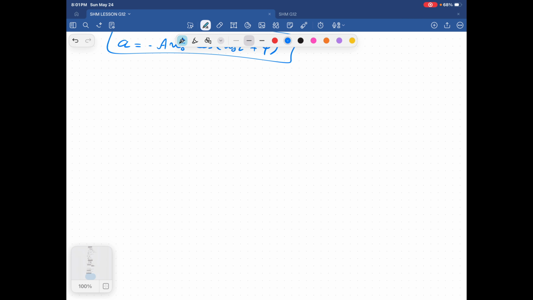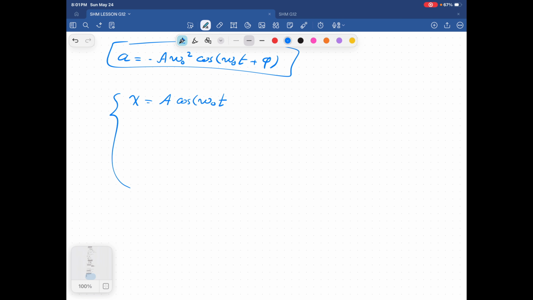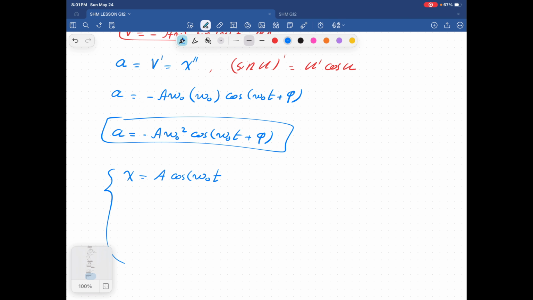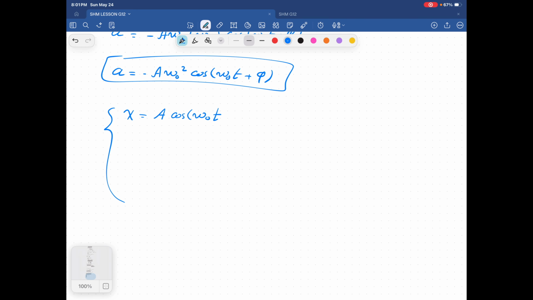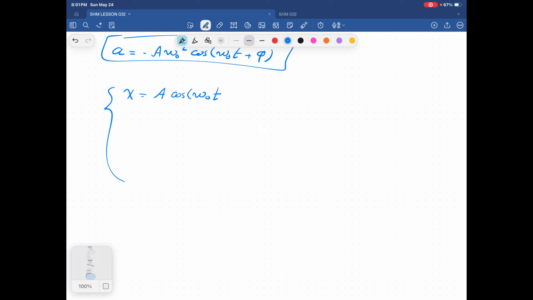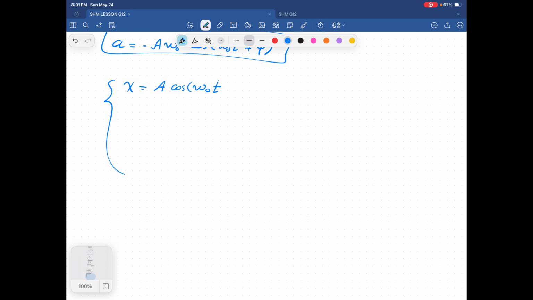Now, from the three formulas that we have found, x is equal to xm or a cosine. Of course, don't forget that cosine can be sine. It's the same thing. It's just that the phi differs, and where we started differs, but it would be the exact same operation of solving. x is a cosine(w0t plus phi).